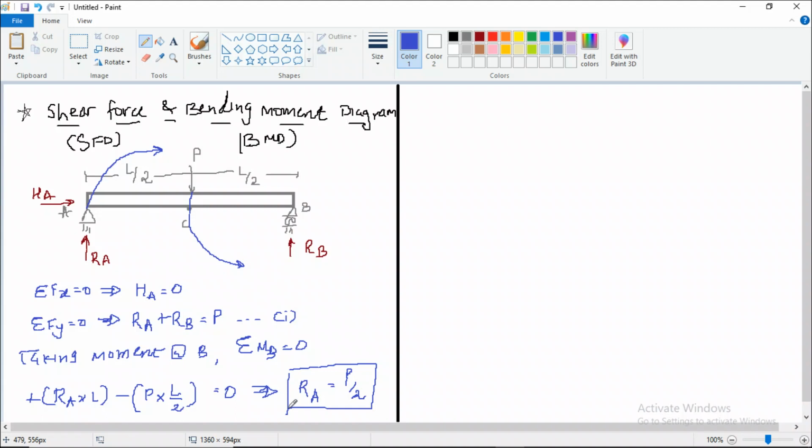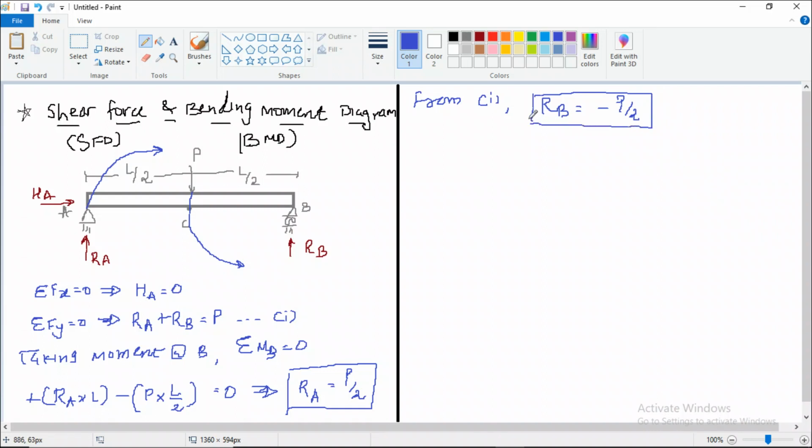Once we get this value of RA as P by 2, we put this value in equation number 1. From equation number 1, we get RB value as minus P by 2.